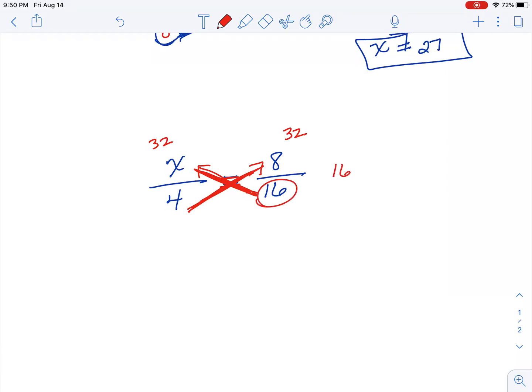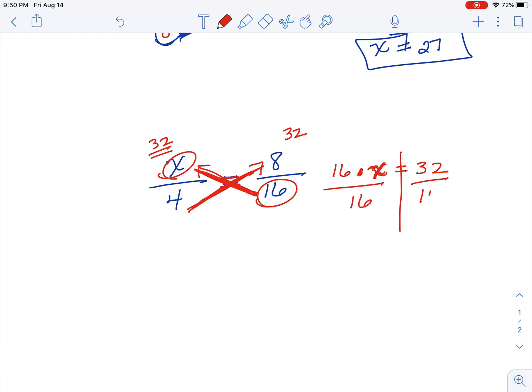So 16 times x has to equal 32. I want to get that x by itself. So instead of multiplying, I'm going to do the opposite and divide by 16.